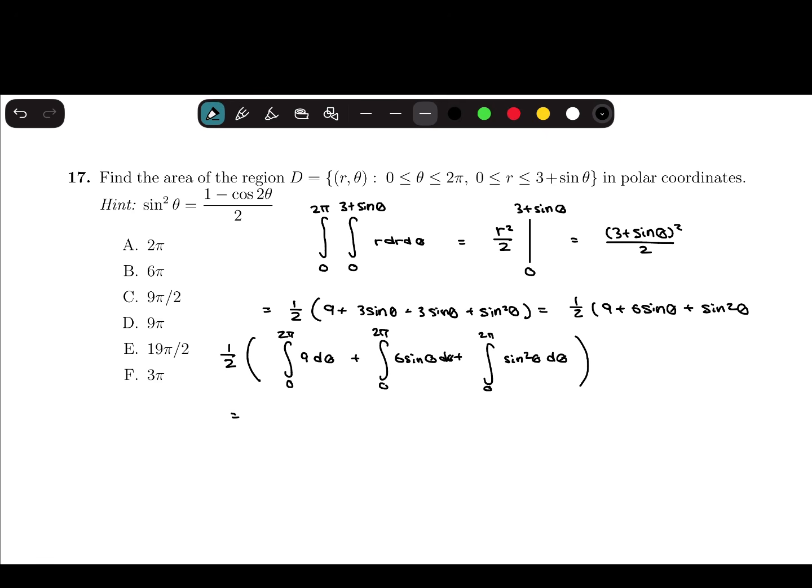So when you take the integral of 9 d theta, you just get 9 times 2 pi minus 0. This gets you 18 pi. For 6 sine of theta, you get negative 6 cosine of theta.